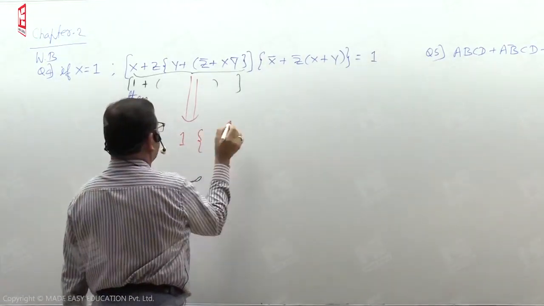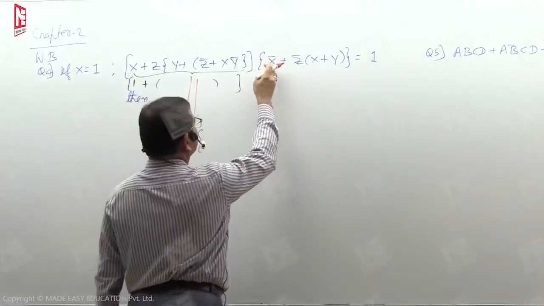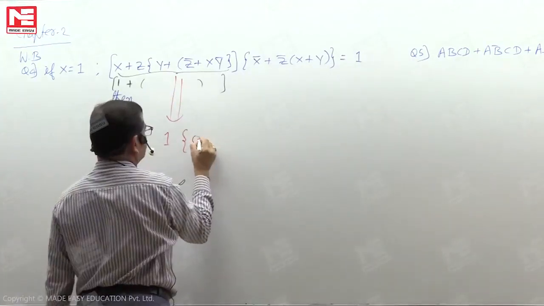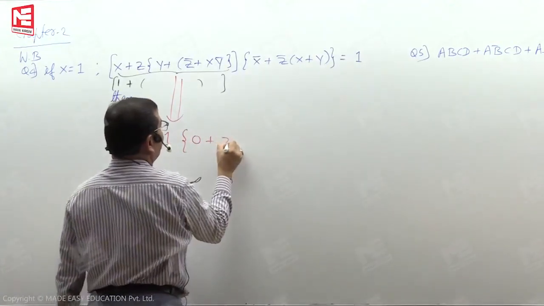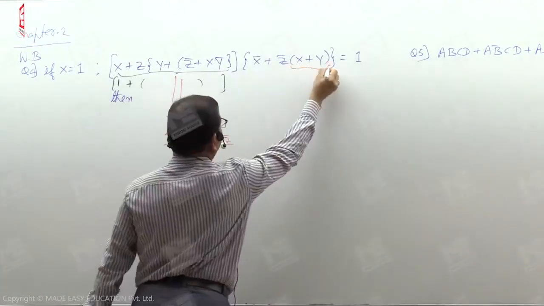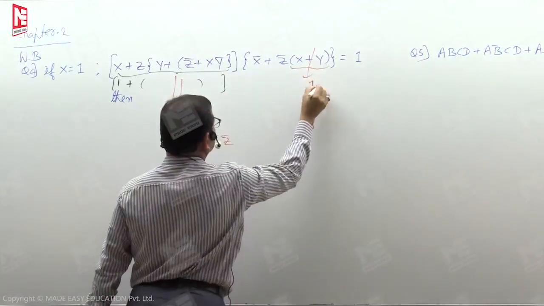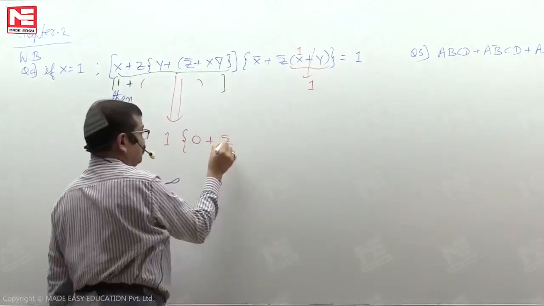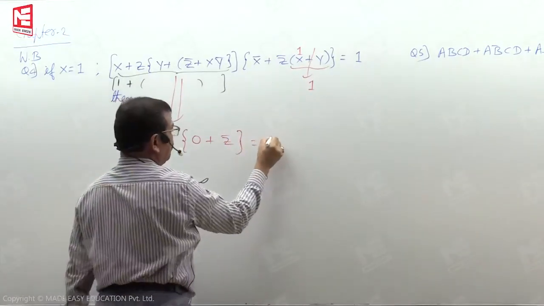And we have the other curly bracket. Here, x is 1, so x bar is 0. And within this, we must be in a position to write 1 because x is 1. Hence, 0 OR z bar is equal to 1.